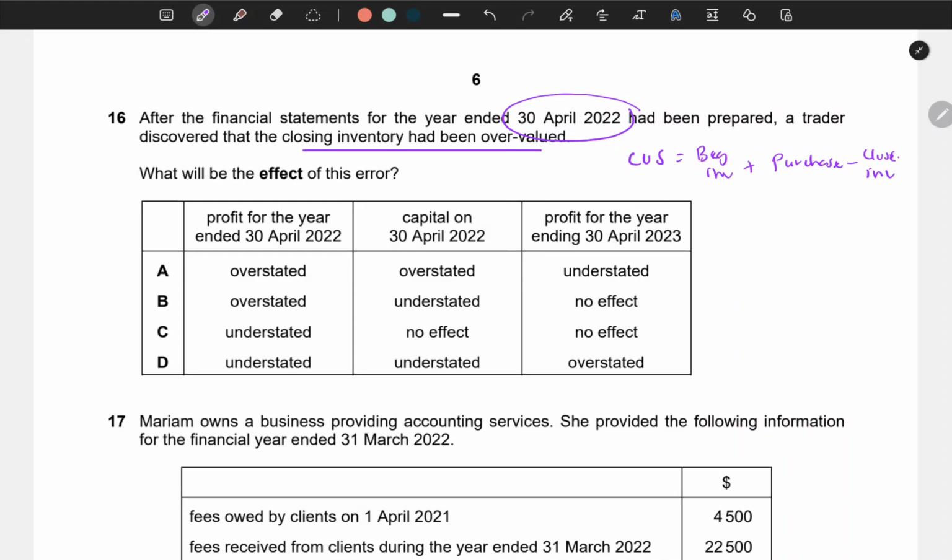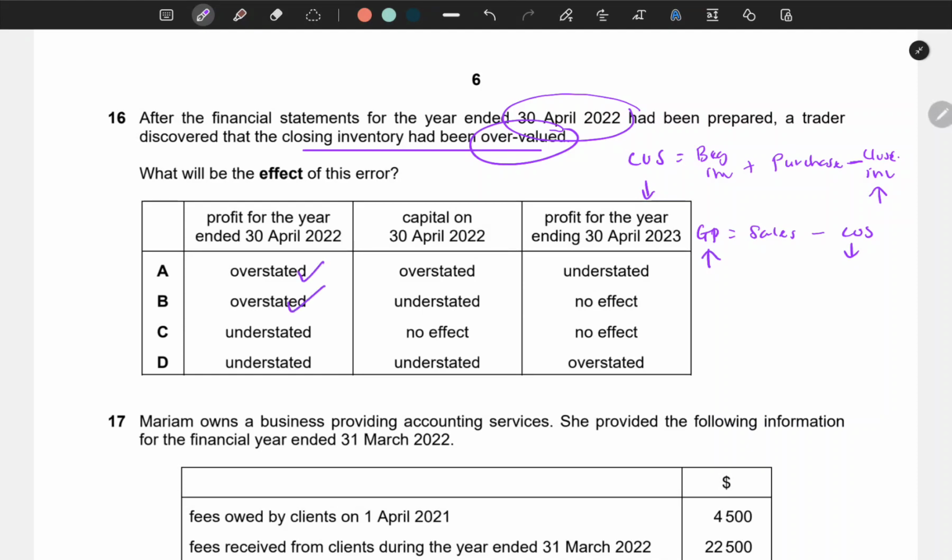Because the closing inventory is overvalued, overstated, the cost of sales will be understated, because they have a negative relationship. So when cost of sales is understated, what happens to the gross profit? Gross profit is sales minus cost of sales. So when cost of sales is understated, gross profit will be higher. So when gross profit is higher, obviously profit will be higher. So profit will be overstated.